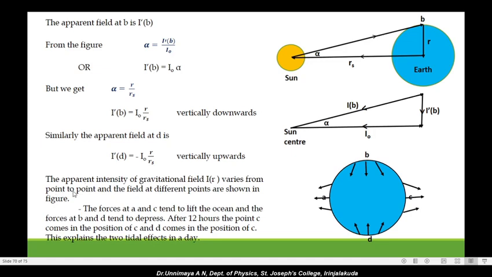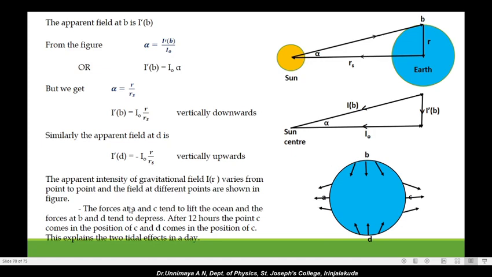Okay, the apparent intensity of gravitational field I of r varies from point to point, and the field at different points are shown in figure. This figure is different points apparent fields. B is B upper side points apparent fields. Similarly, different points apparent fields in the direction.